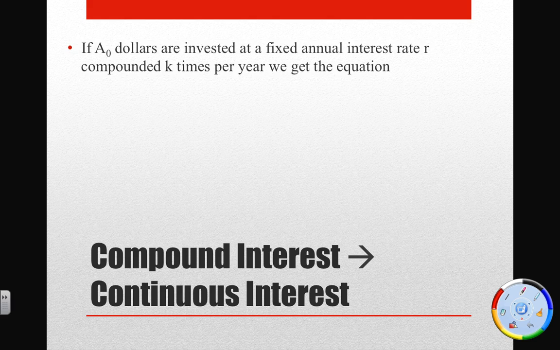If you have invested A sub 0 dollars at a fixed annual interest rate r, compounded k times per year, we get what we might be familiar with: A of t equals A sub 0 times 1 plus r over k, to the power of kt, where k is the number of times compounded and t is the time in years.